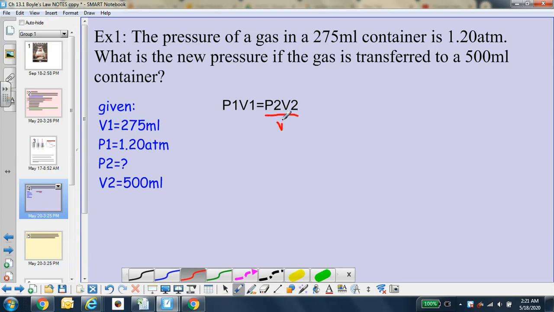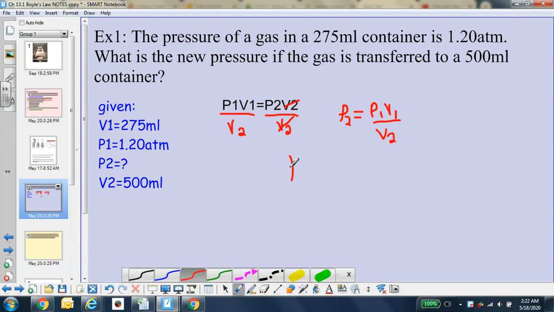So I'm going to divide by volume 2, and what I do to one side, I do to the other. My volume 2 cancels off here, and look, I've got P2 equal to pressure 1 times volume 1 divided by volume 2.